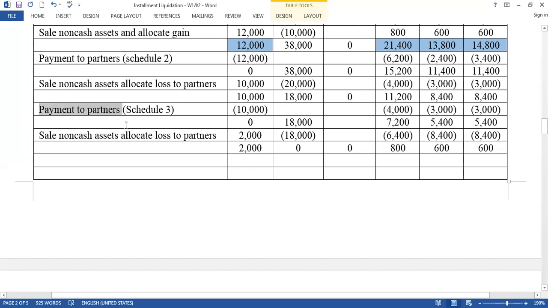So payment to partners. We pay them, their capital decreases and becomes 0, 0.